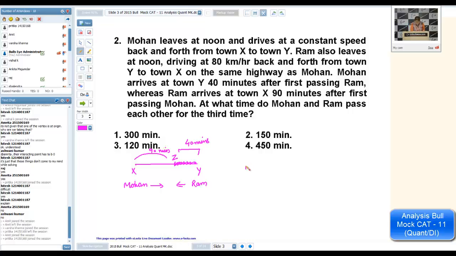Then their speeds, Mohan divided by Ram, I am talking about speeds, will be the square root of the reverse ratio. I mean, corresponding to Mohan you will write 90, corresponding to Ram you will write 40. So it comes out to be 3 by 2. Are you comfortable with that? Or should I derive this? You must know this shortcut.